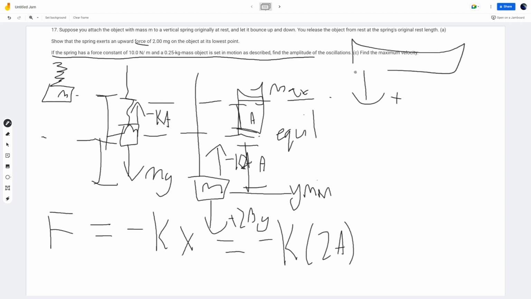So now it wants us to find the maximum velocity. This might be a little scary, but if we think about it, we have some relationships with angular frequency, sometimes known as angular velocity. And this, we know, is equal to the square root of k over m, k being spring constant, m being mass, because of the whole cosine thing. I won't go through that now.